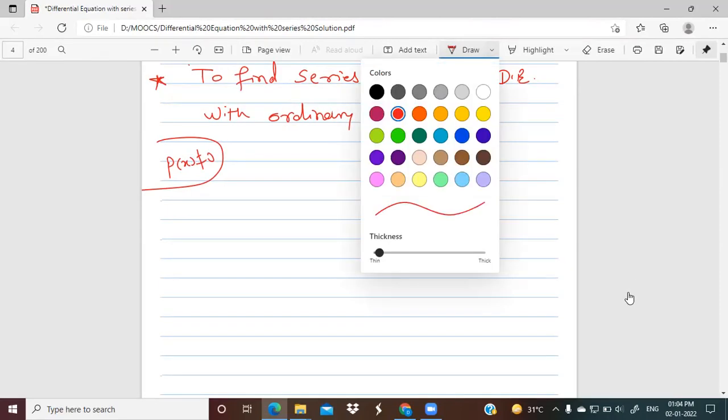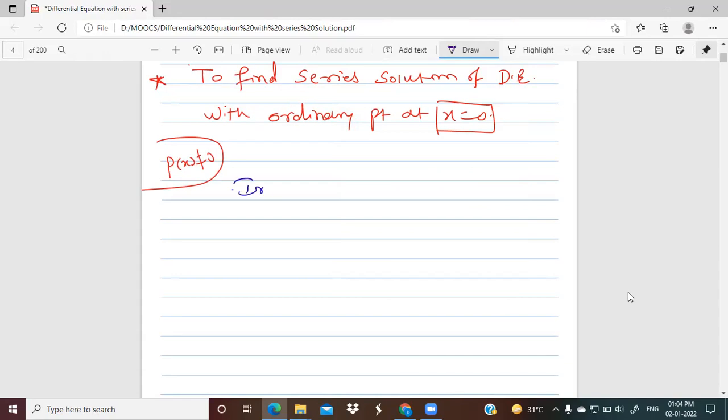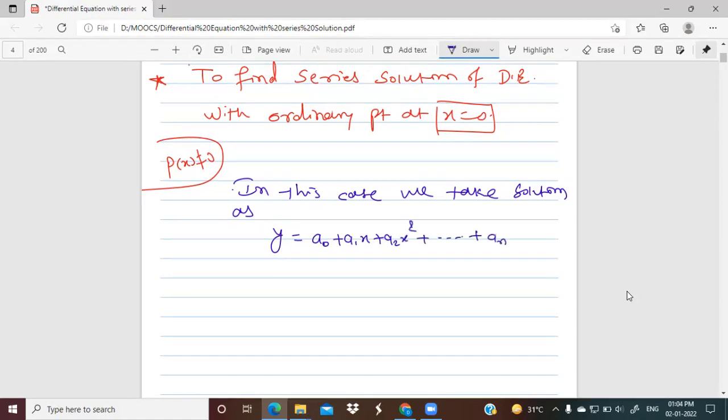In this case, take the solution as follows, since a second order differential equation is given. We take the solution as y is equal to a0 plus a1 x plus a2 x square plus so on, or in symbolic form, summation of an into x power n, n from 0 to infinity.